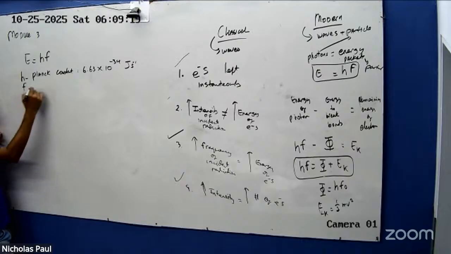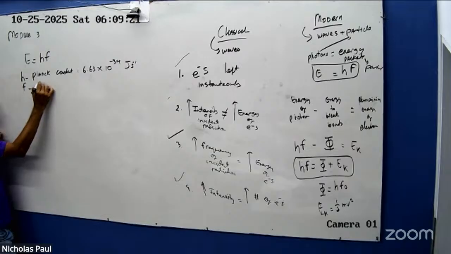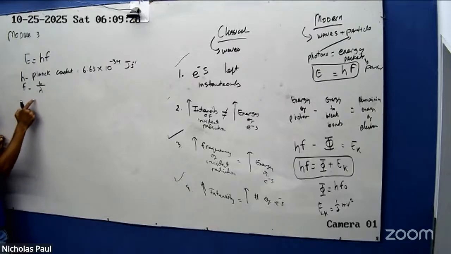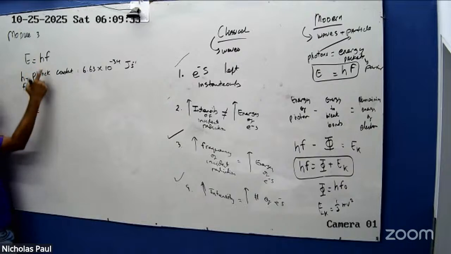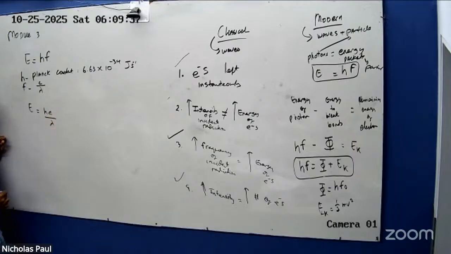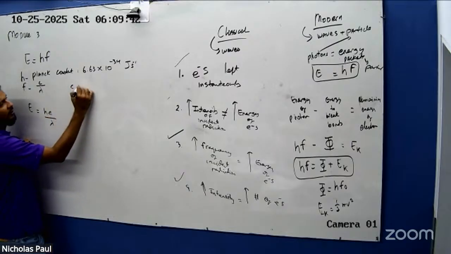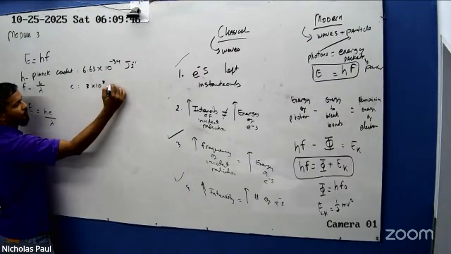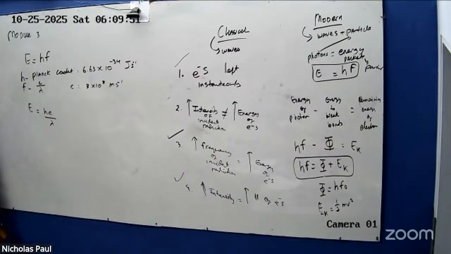Frequency is equal to the speed of the wave over lambda. So really and truly, instead of writing f, I could write hc over lambda. E equals hc over lambda, where c is the speed of light, 3 by 10 to the 8 meters per second.